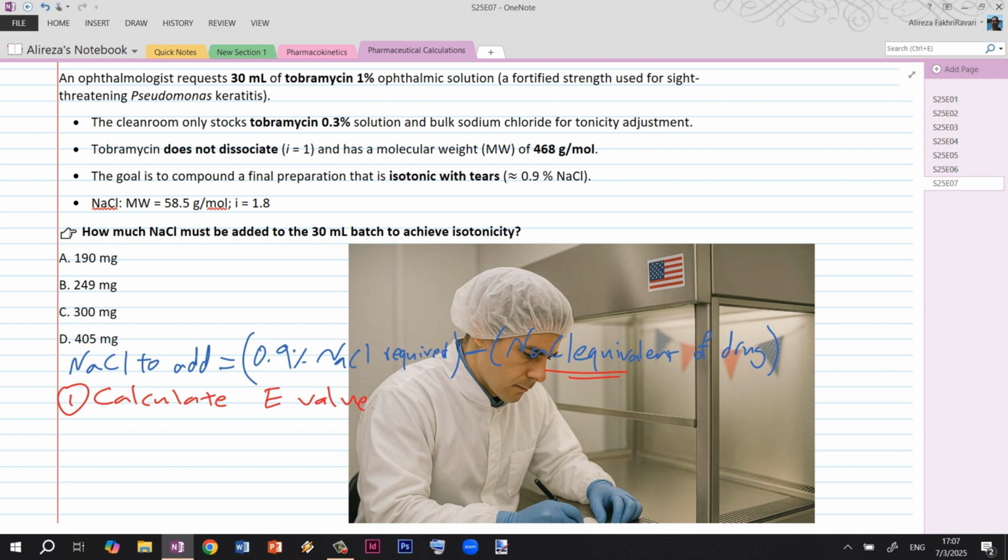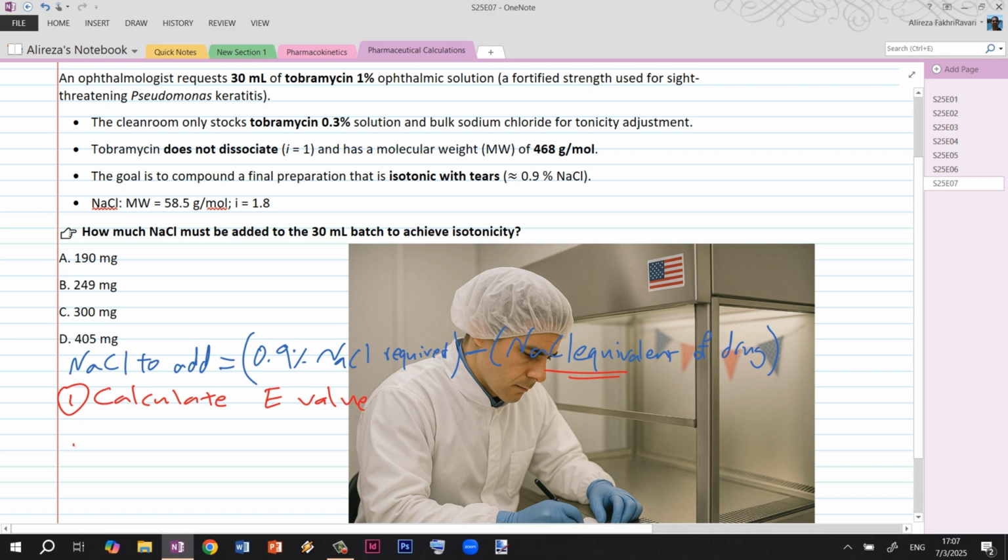Now, body fluids are isotonic, having an osmotic pressure equivalent to 0.9% sodium chloride, so keep that in mind. The relationship between the amount of drug that produces a particular osmolarity and the amount of sodium chloride that produces the same osmolarity is called the sodium chloride equivalent or E-value.